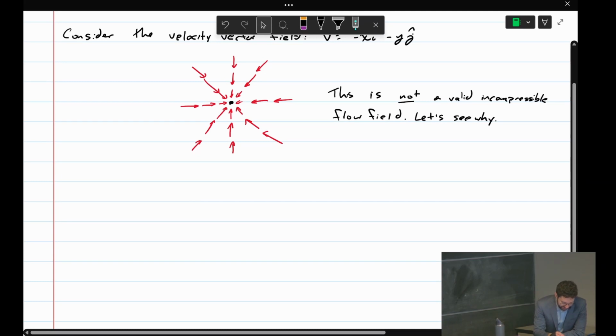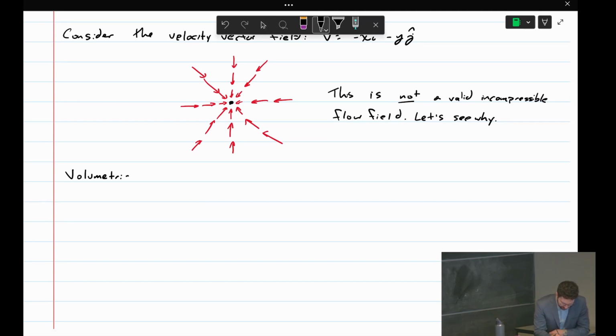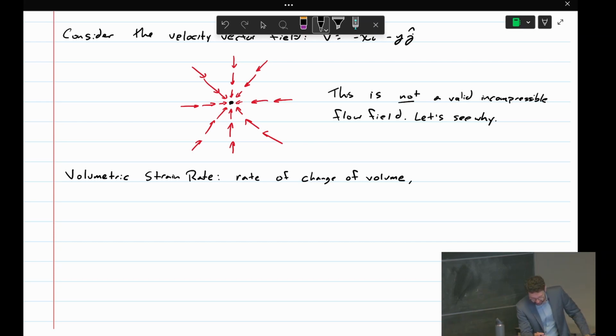I'll start by defining the volumetric strain rate. In words, it's the rate of change of volume, say dV by dt, how fast the volume is changing, but per unit volume.